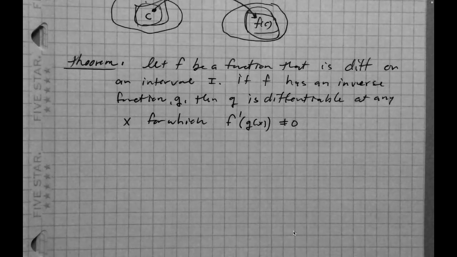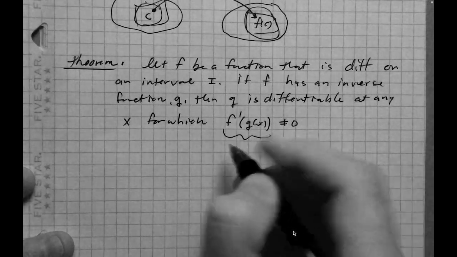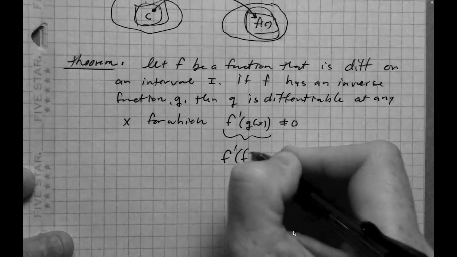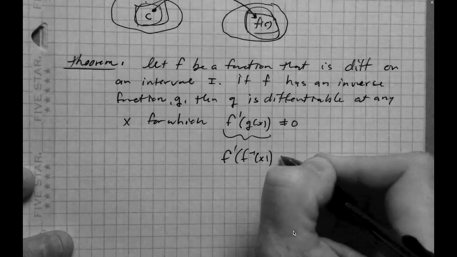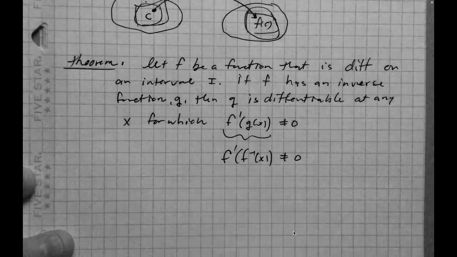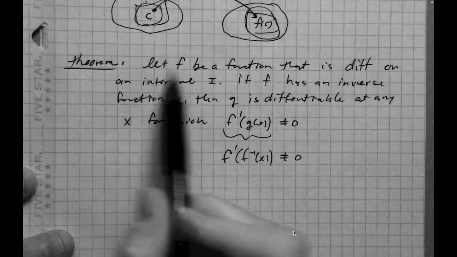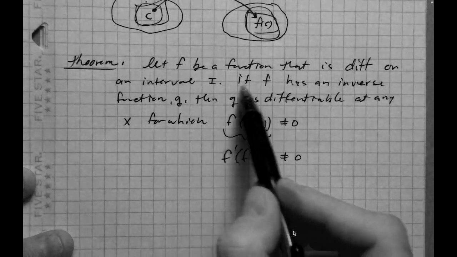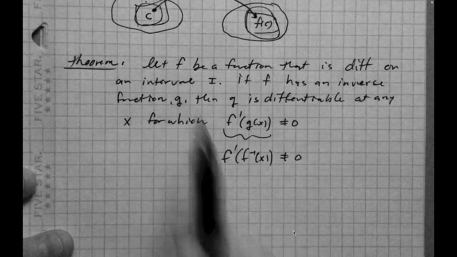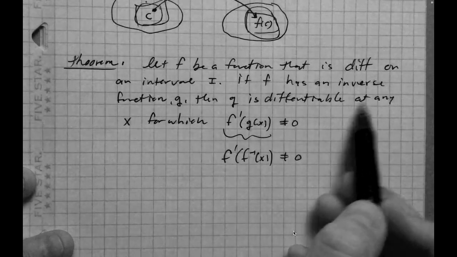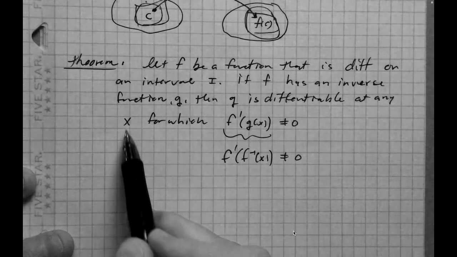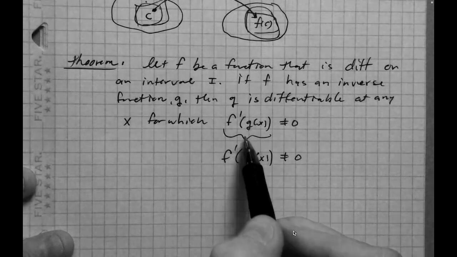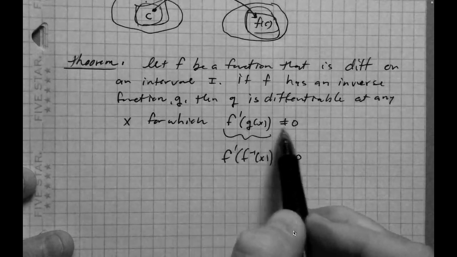Okay, so what is this? This is f prime of f inverse of x. Maybe it's even easier to use the f notation. But so let f be a function that is differentiable on an interval I. Now if f has an inverse function g, then g is differentiable at any x for which f prime of f inverse is non-zero.